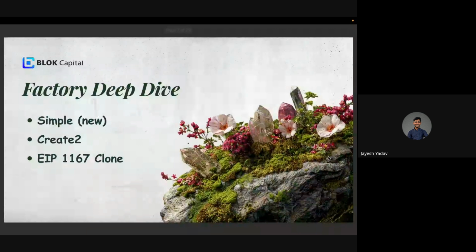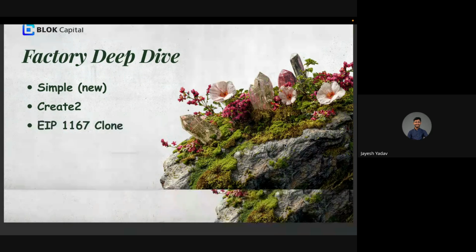The third one is the EIP 1167 clone, for when you need to deploy hundreds or thousands of contracts and deployment gas cost is the priority. At that time, we use the EIP 1167 clone. Let's start with the simple one first.